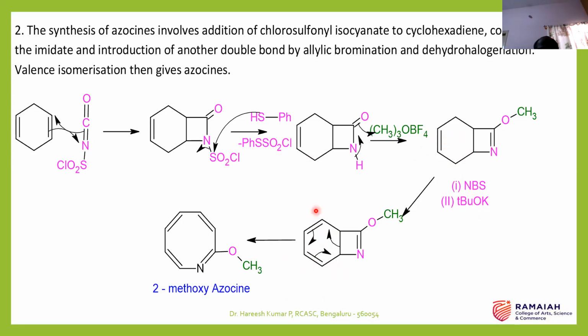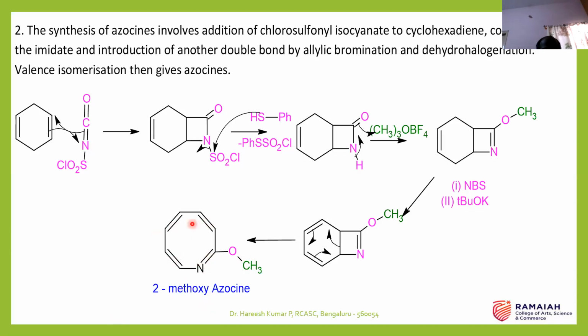This one then undergoes a ring opening reaction. This bond pair comes over here, this will come over here, forming an 8-membered ring with nitrogen as a heteroatom. And the name of this compound, this is the second position, and this one is called methoxy.